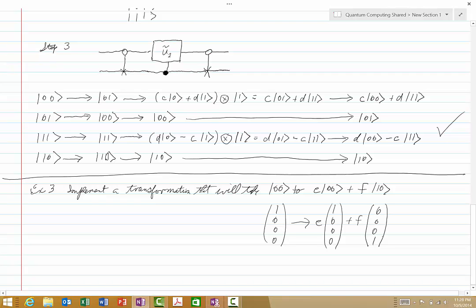Once again, this transformation is prescribed only for one vector, so we can choose what it does for other vectors, but we would like to choose for it to be a two-level unitary transformation, because we know easily how to get the circuit for that.